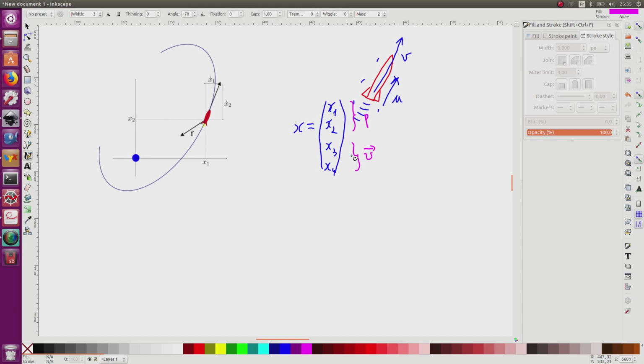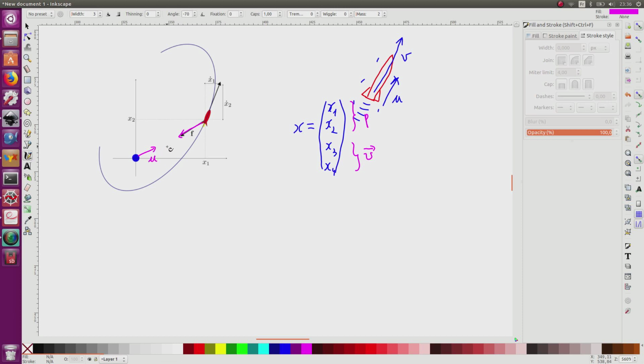Newton's universal law of gravitation states that the Earth exerts a gravitational force F, a force of attraction on the satellite, and the direction of this force is along a unit vector u.